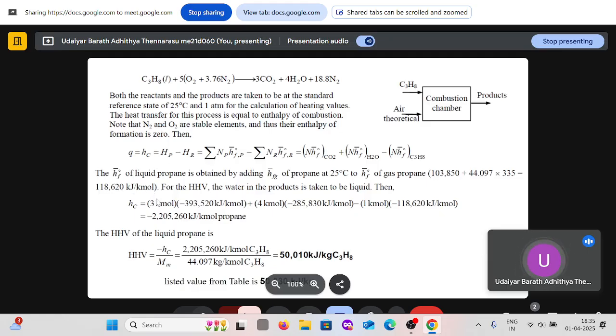Next we need to find the HHV, the higher heating value. In this case, the water in the product will be considered to be in liquid form, so we need to consider the latent heat of water in the heat transferred.